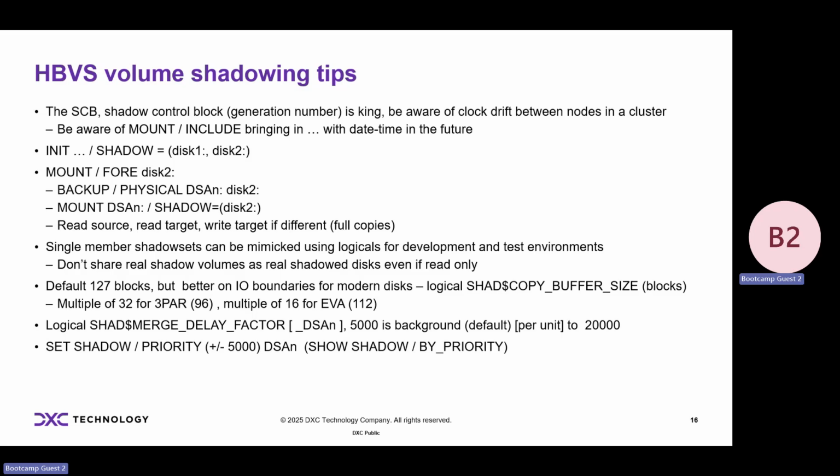But on 3PAR, the recommendation is to have it on a multiple of 32. So you set it to 96, and that actually makes it for much more efficient copying. For an EVA, it's a multiple of 16, so you set it to 112. That just improves the efficiency.